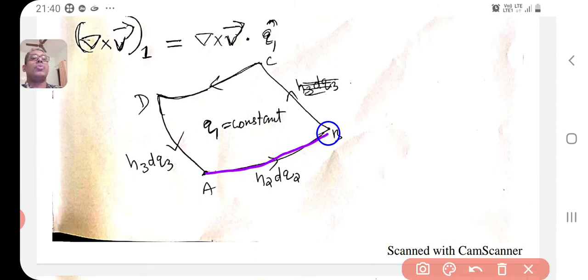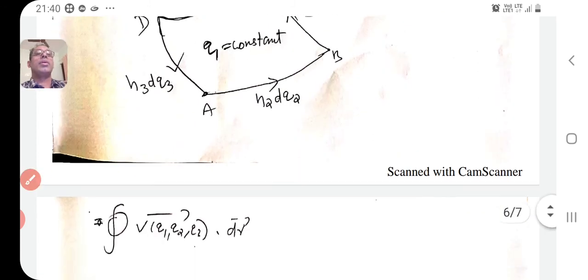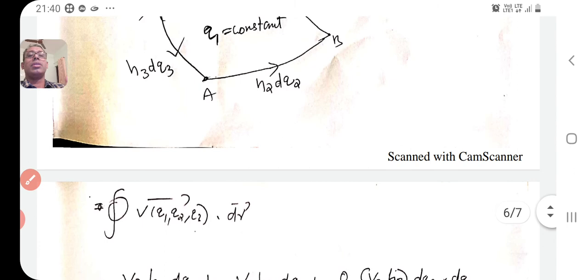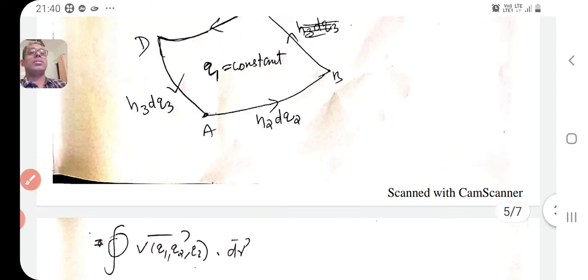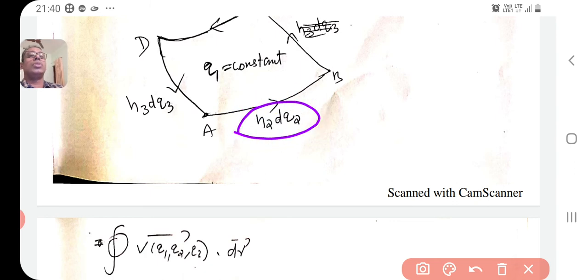We start from A, move to B, then C, then D, then back to A. Now for AB, we can write this as V2 h2 dQ2, because Q2 changes by dQ2, but this side is h2 dQ2, the scale factor times dQ2. The component is V2 because we are considering the Q2 curve.